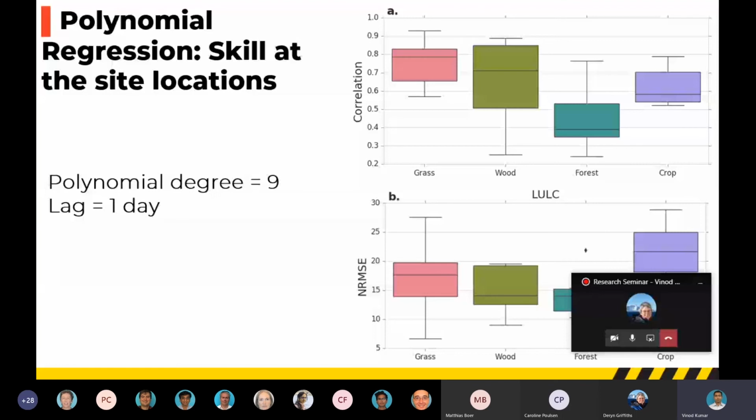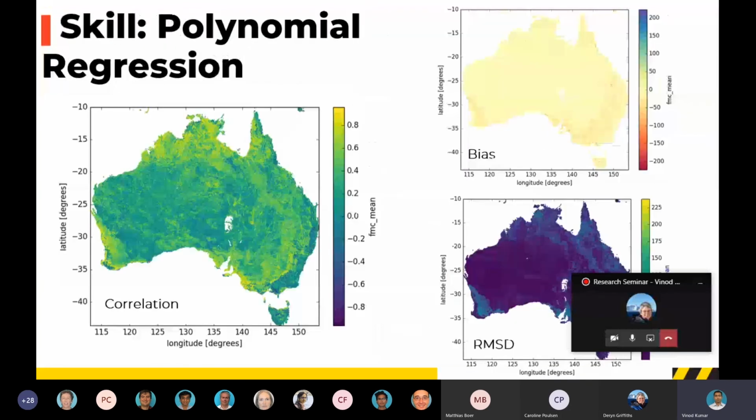The lag obviously varies from site to site, but we found that most of the time the best skill is obtained for a lag of 1 day. So if you apply that model for the whole country and assess the correlation, bias and root mean square difference, you could see there are a lot of sites which give you strong correlations.